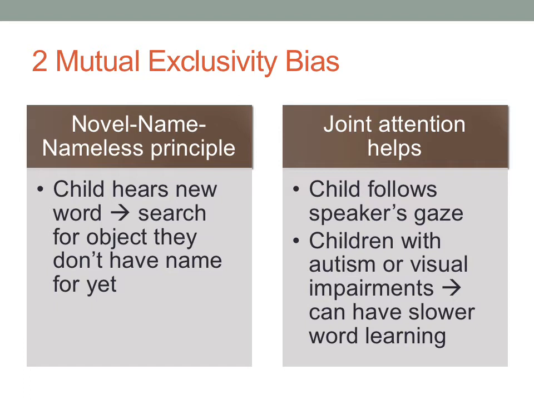So even children with visual impairments who otherwise do not have an impaired language learning system may have slower word learning because they can't see the objects that people are referring to. That means that with children who are visually impaired, we do have to be more intentional about making sure that they can feel the object. We have to be more explicit in teaching of words.